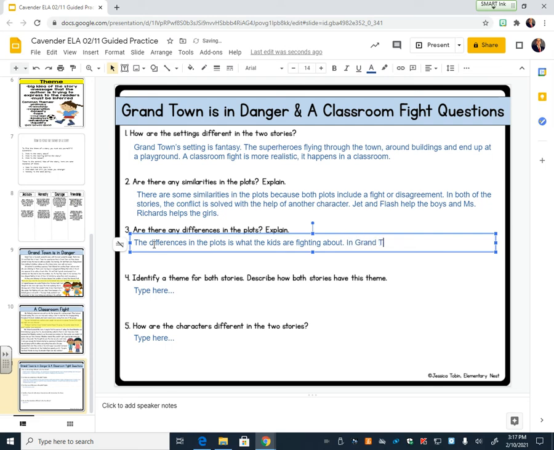In Grand Town is in Danger, because we remember we have to be specific when we're referring back to the text, there are two boys, and they're fighting over who gets to be on the kickball team. Well, in A Classroom Fight, there are two girls fighting over markers.